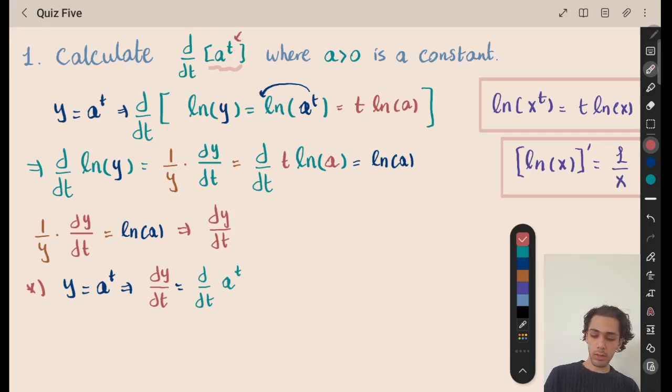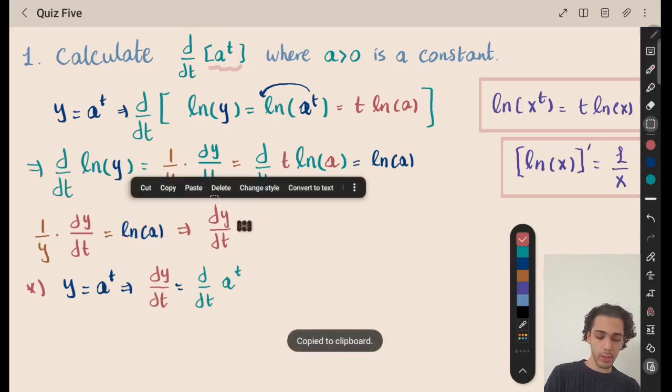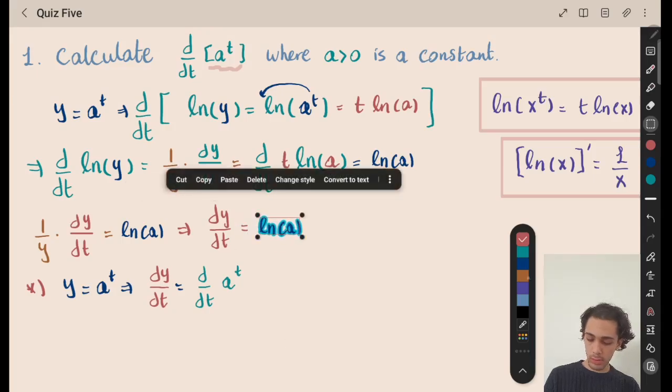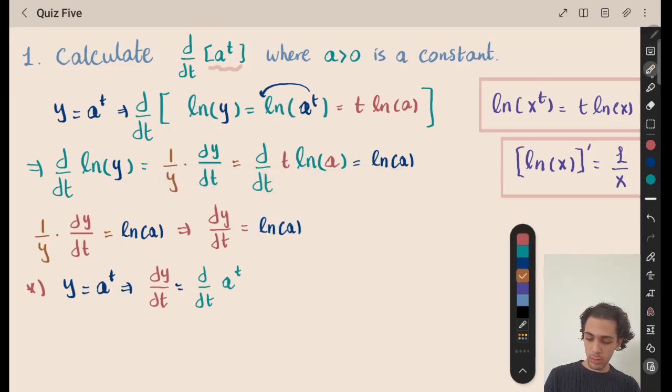This y. Because y is a to the t. So I multiply by y, and I get that dy by dt is equal to ln of a times y. But why?